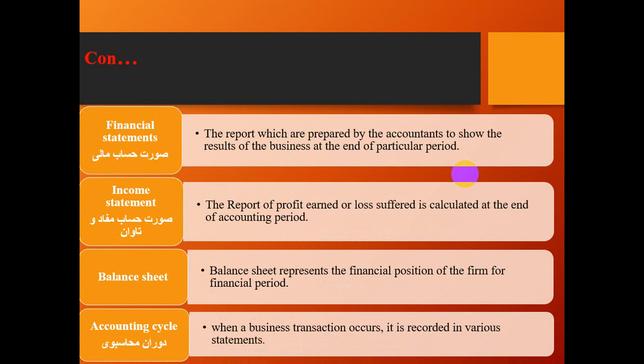Next one, financial statement. As in the last slide, financial statement is the financial report prepared by the accountant to show the business operation result after a particular period. In the financial statement, we have three types: income statement, balance sheet, and cash flow statement.